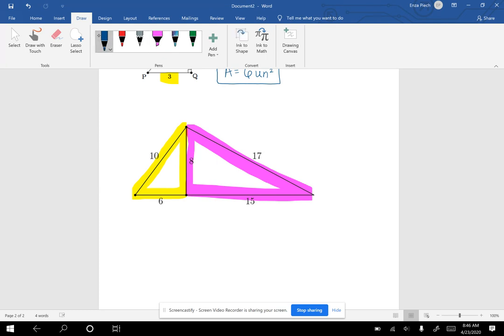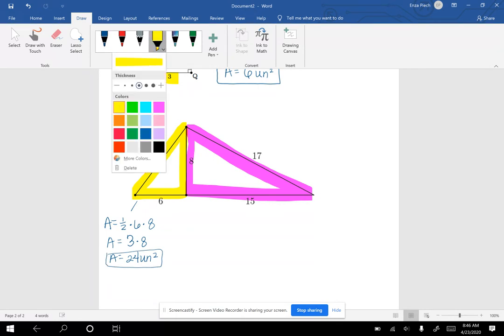So for this first one, we have A equals 1/2 our base of 6 times our height of 8. So area equals 3, because half of 6 is 3, times 8. So area equals 24 units squared. That's for the yellow triangle only.